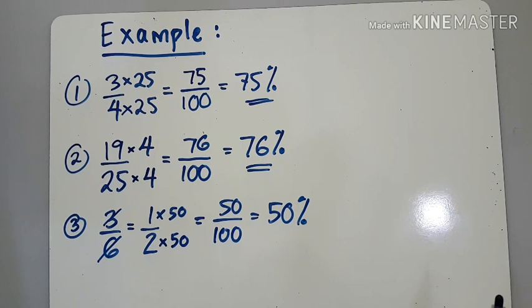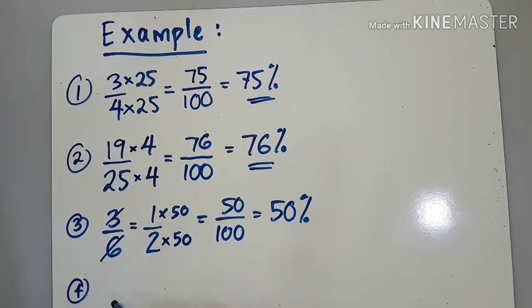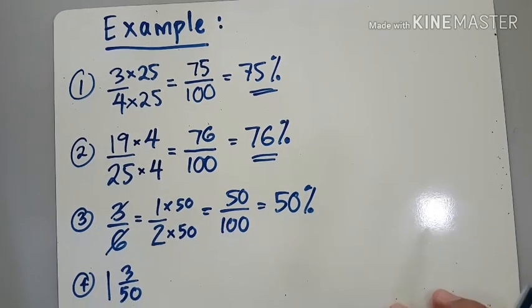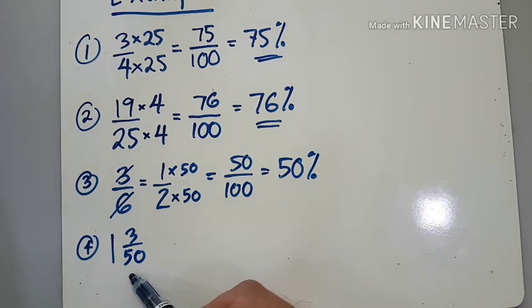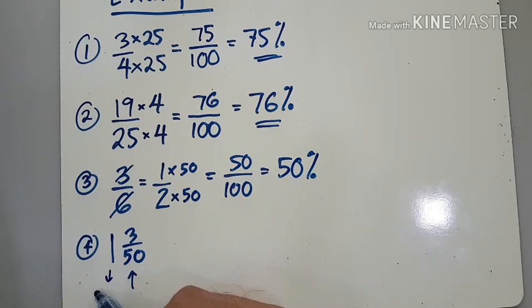Okay, so far so good. Now, what if the fraction you are given is a mixed number? Let's say the fraction you're given is 1 and 3 on 50. So what we do here is we need to concentrate on converting the fraction part, because 1 is actually 100 already, 100%.